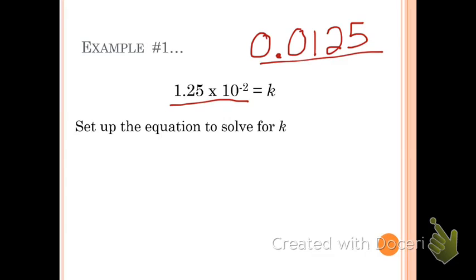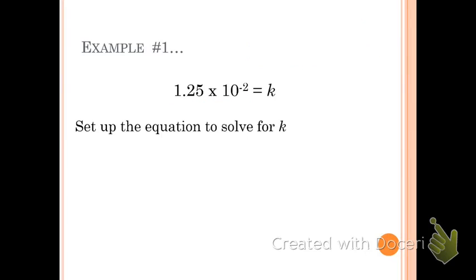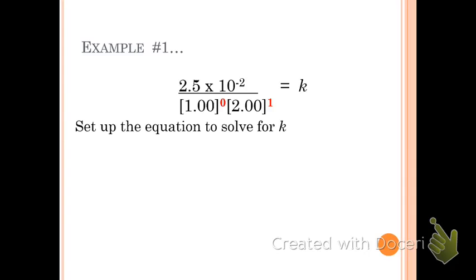Another thing I want to point out to you, and I'm going to go back just a hair. Where you see a number to the 0 power, remember we said that any number to the 0 power is equal to 1. So do I need to actually write this in the equation?